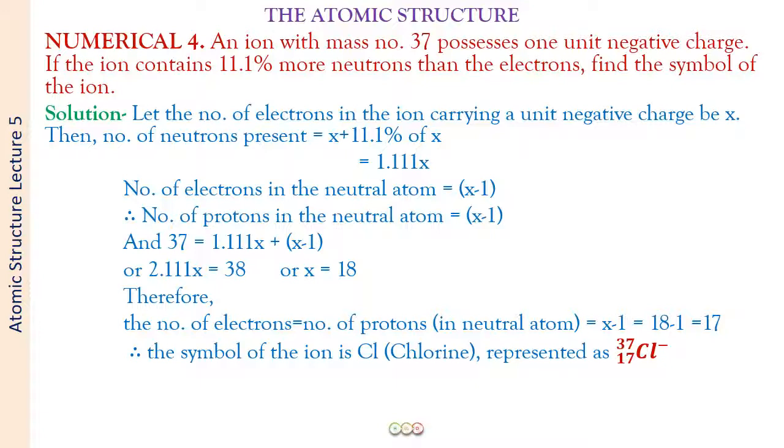The chlorine has atomic number 17, so the chloride ion is also going to have the atomic number 17. The mass number is already given to you to be 37. So this is how it is represented: chlorine with 1 unit negative charge, atomic number written as the subscript and mass number written as the superscript. So I hope this is clear to you.